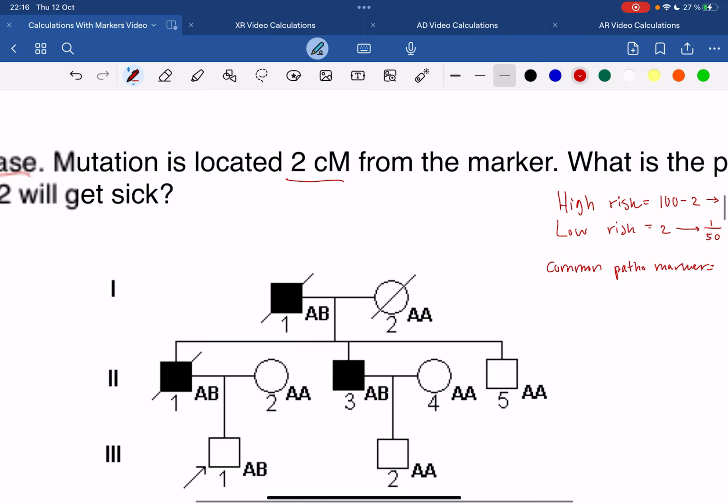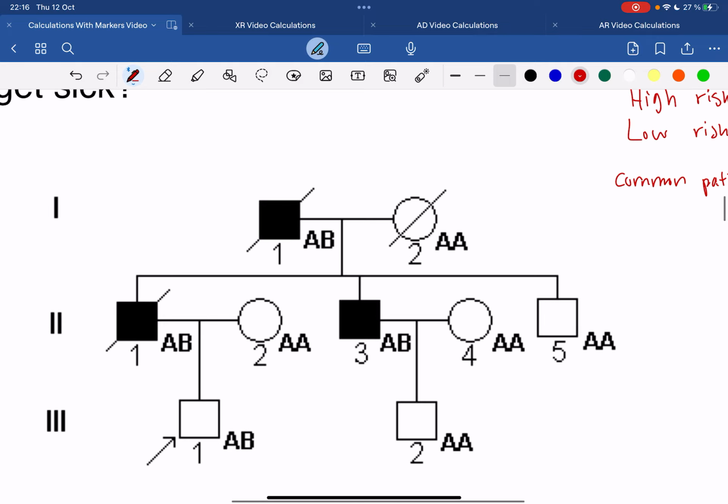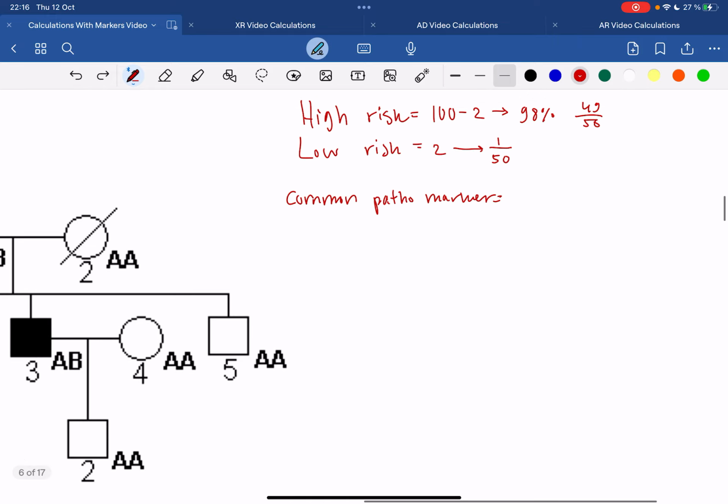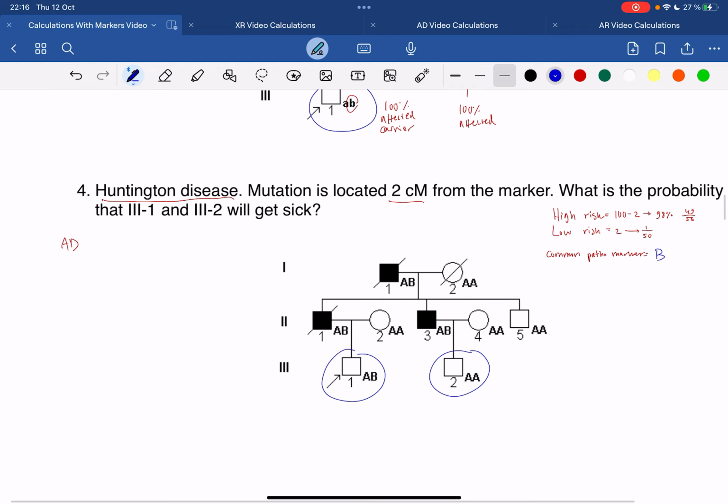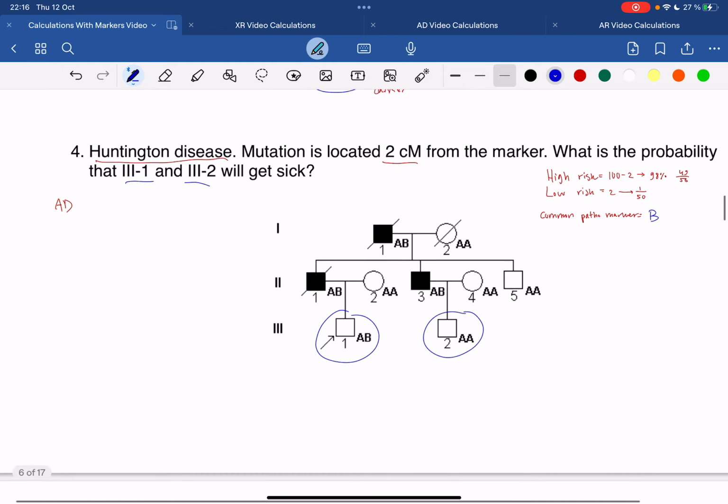And for the common patho marker, we can see here all of the healthy individuals have homozygous markers, while the non-healthy have this B marker, so we can immediately assume it's B. Now we're interested if this person has a chance to be sick, also this person right here. So both 3-1 and 3-2.